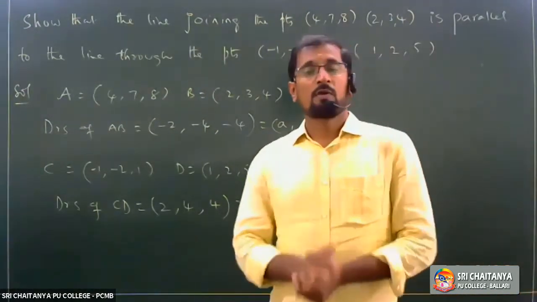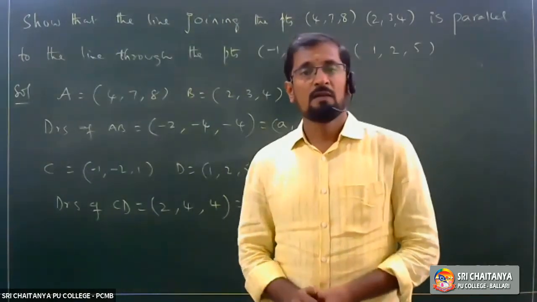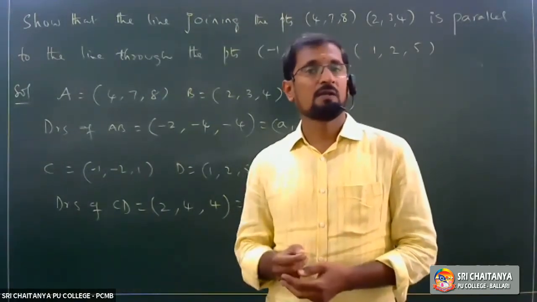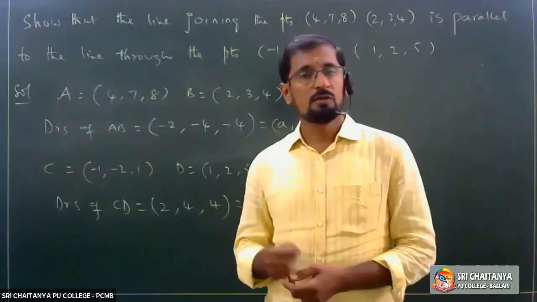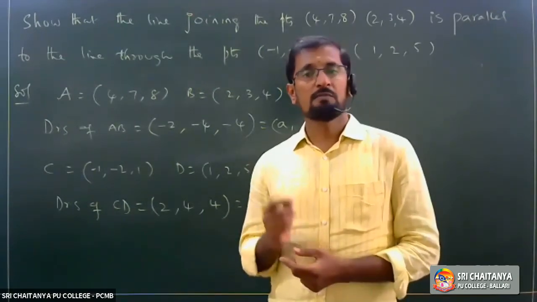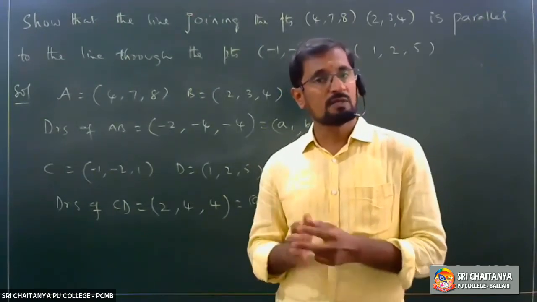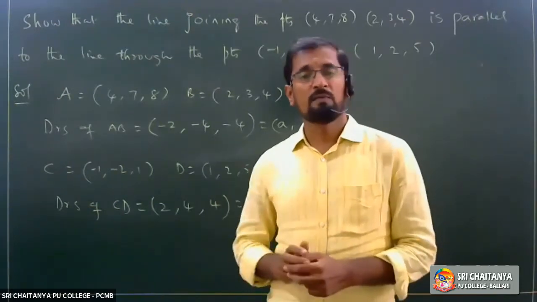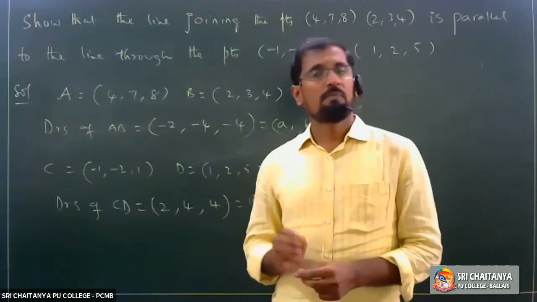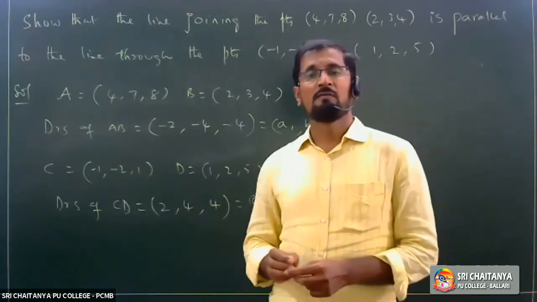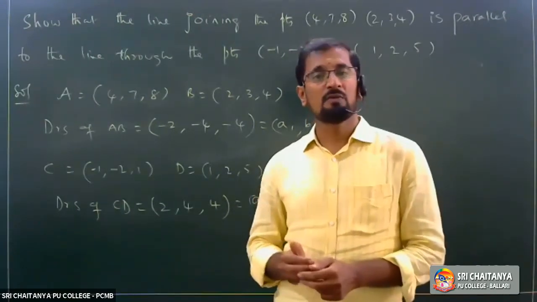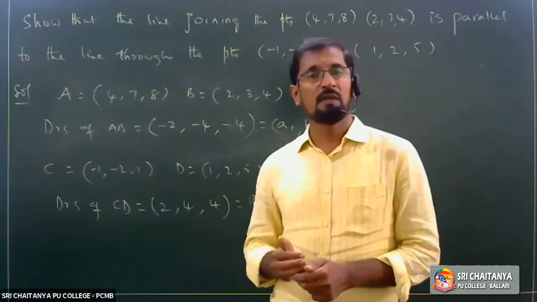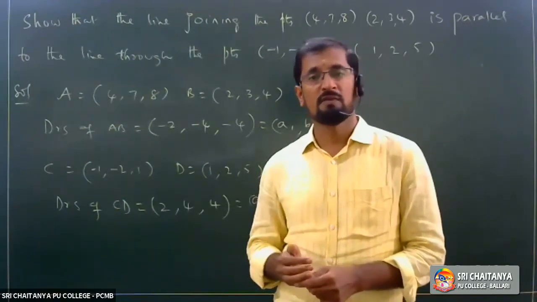Suppose the problem is given as a perpendicular condition, then you should use A1A2 plus B1B2 plus C1C2 is equal to 0. If the problem is given as lines parallel to each other, then A1 by A2 is equal to B1 by B2 is equal to C1 by C2.